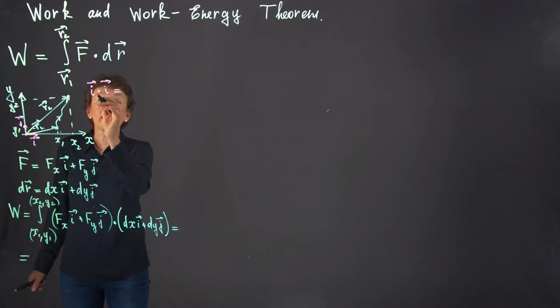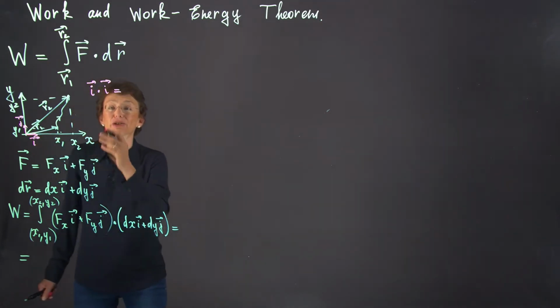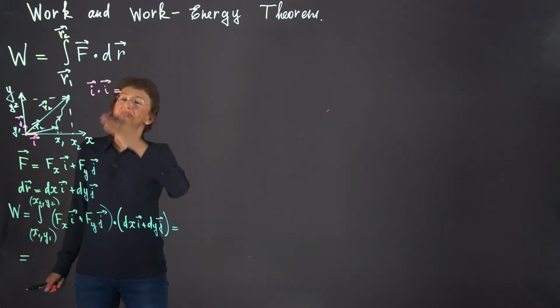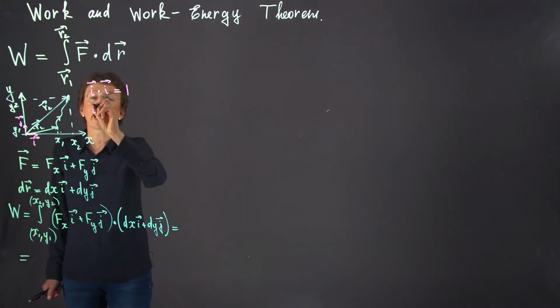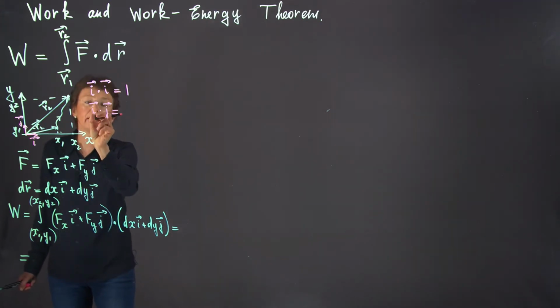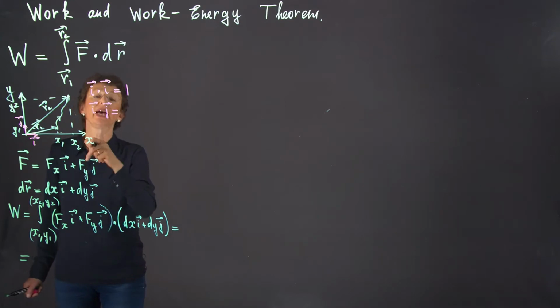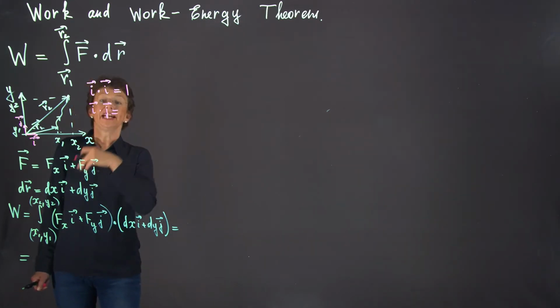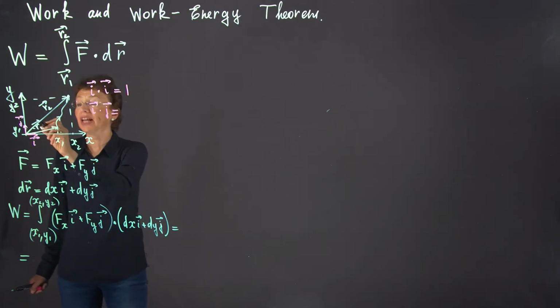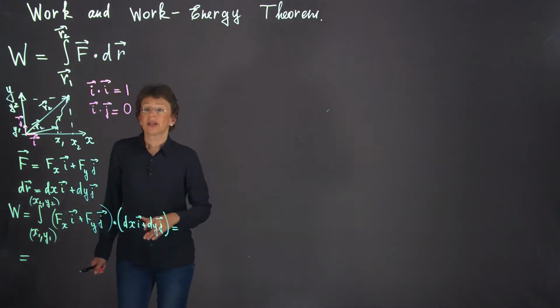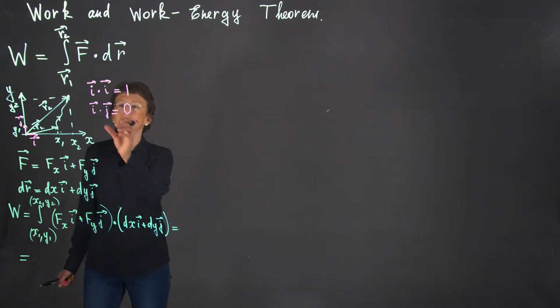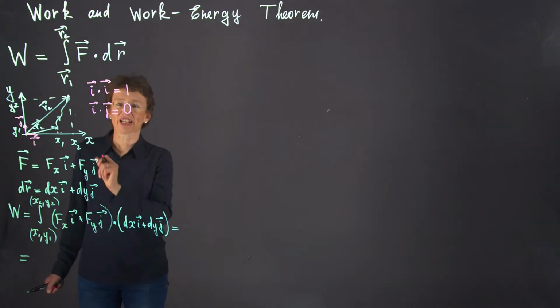The angle between i and i is 0. Cosine 0 is 1, so the dot product is 1. What is i dot j? The magnitude of the first vector is 1, times 1, times cosine of 90 degrees, which is 0. So the dot product of perpendicular vectors is 0.